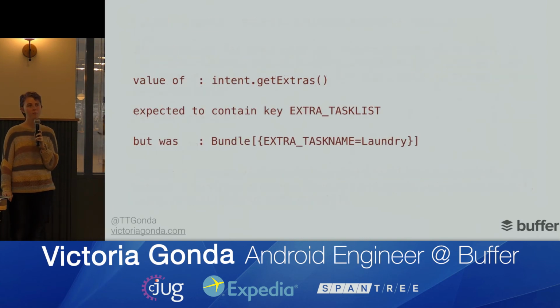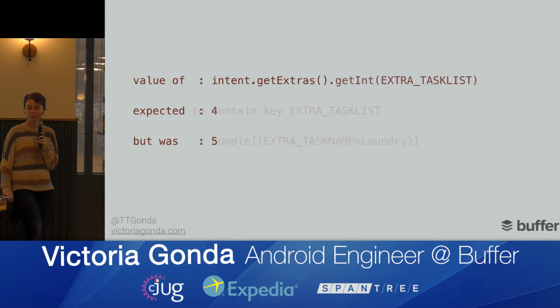Here's another one for the verification that there should be an extra task list, but there's a task name one instead. So we know we're testing the value of intent get extras. We expect it to contain key extra task list, but instead get extras returns a bundle with the task name laundry.